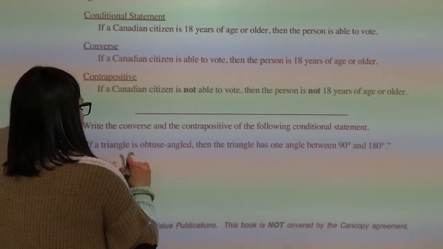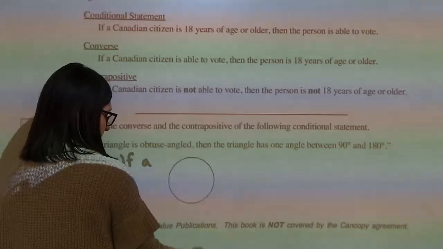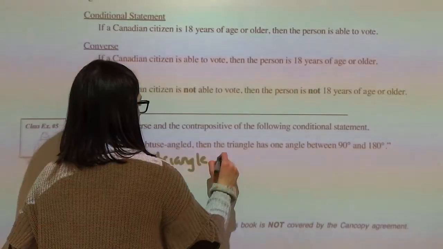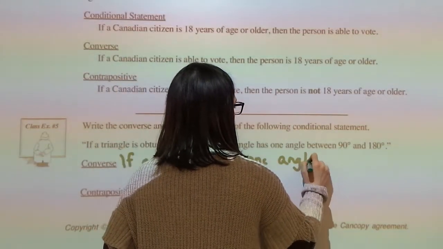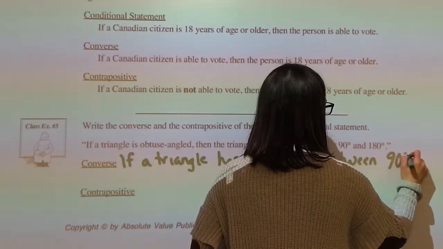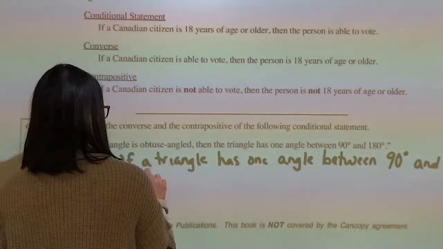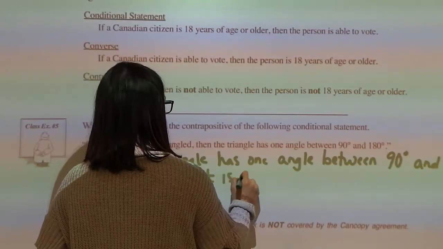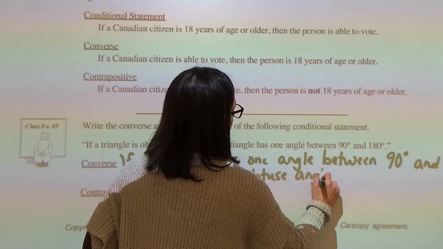So if a triangle has one angle between 90 degrees and 180 degrees, then it is obtuse angle.